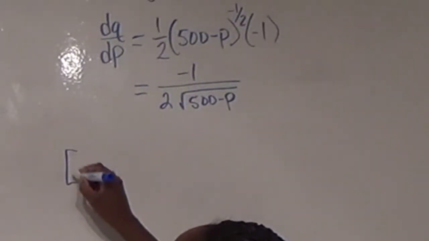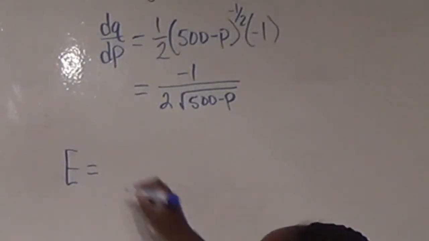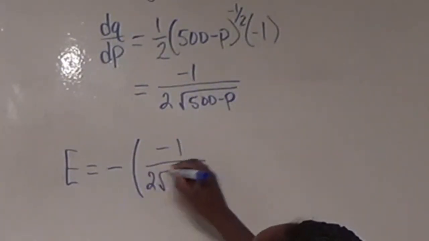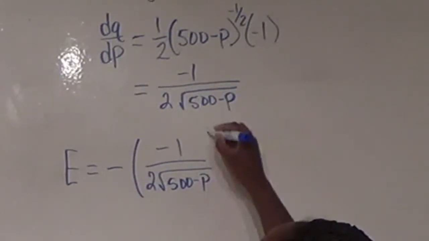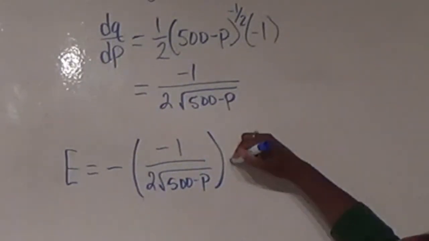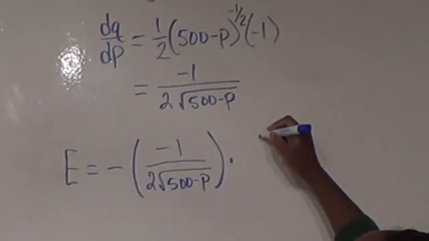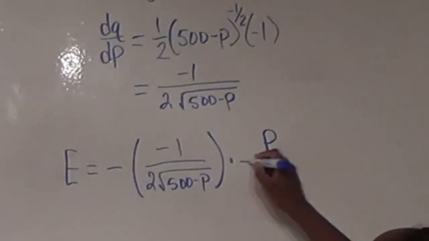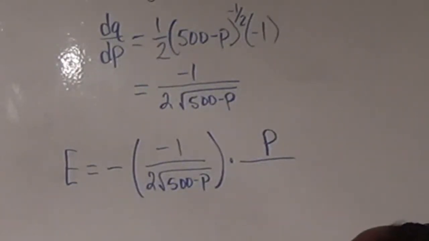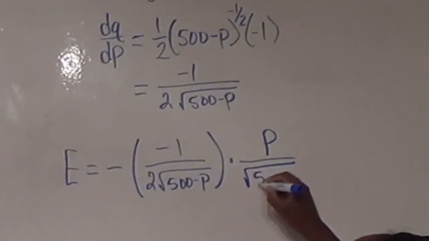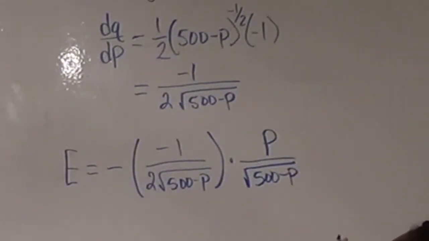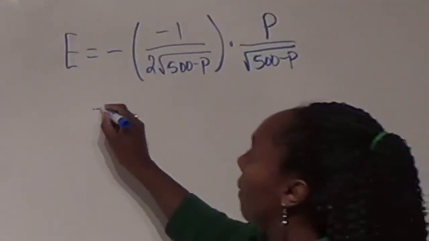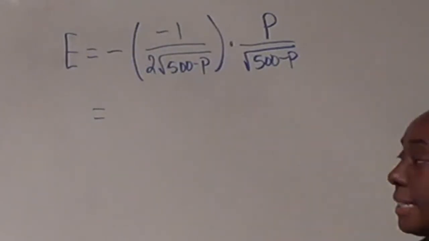So our elasticity is going to look like the negative of our dQ/dP times P over Q. In this case, P is our variable, so we're going to leave P as P. And Q, because that's our function, we're going to replace with the expression square root of 500 minus P. Now we can simplify this to get our elasticity.